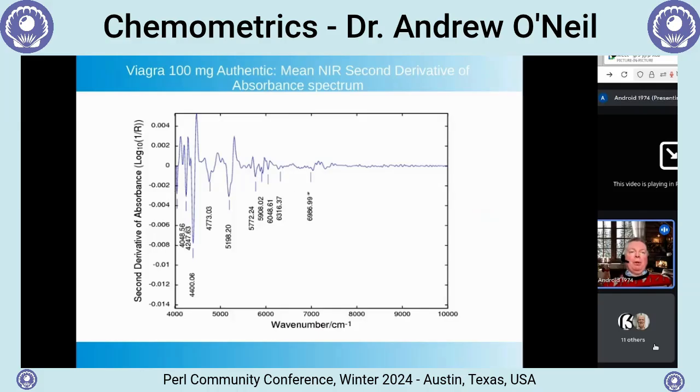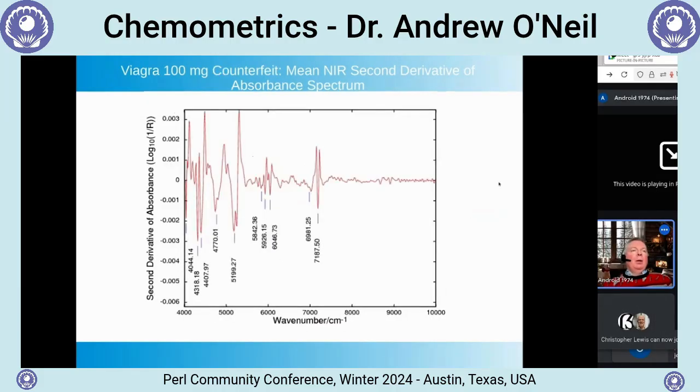With this type of spectrum, the absorption peak positions can be accurately measured, and they're displayed here. With the counterfeit tablet that I showed you, the second derivative of absorbance spectrum is slightly different. There are some extra absorption peaks which are not present in the genuine product.